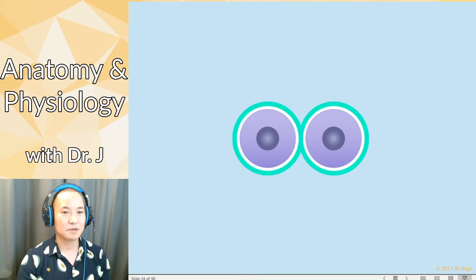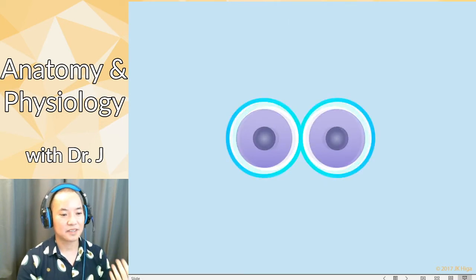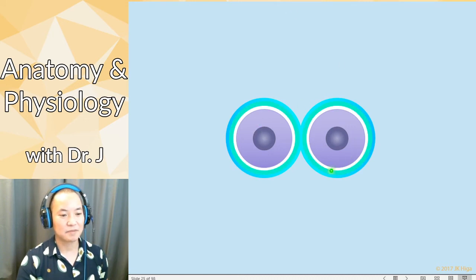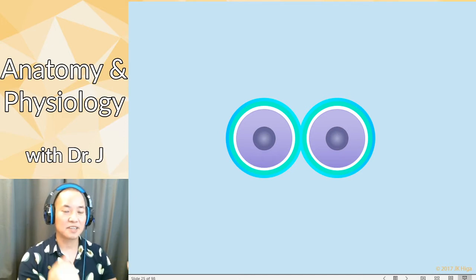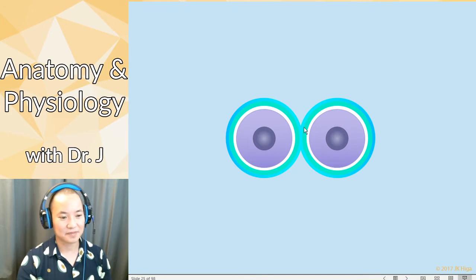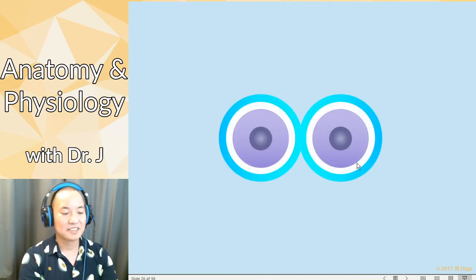And as they secrete more matrix, what do you notice? Remember, these two came from the same original cell. But as they secrete layers of matrix inside their own little lacunae and little hidey holes, they start building more and more layers between their previous partner or sister cell.